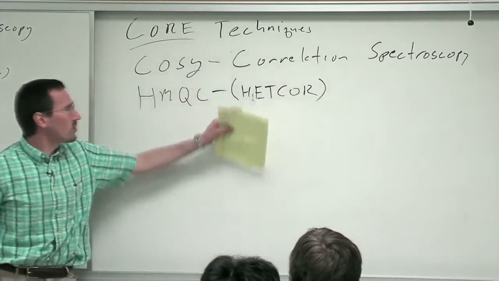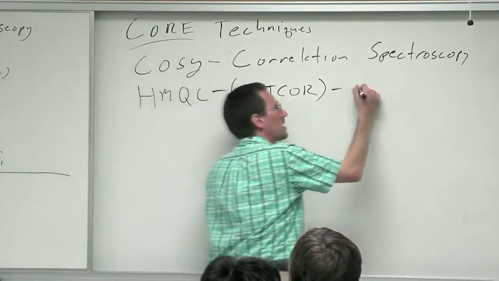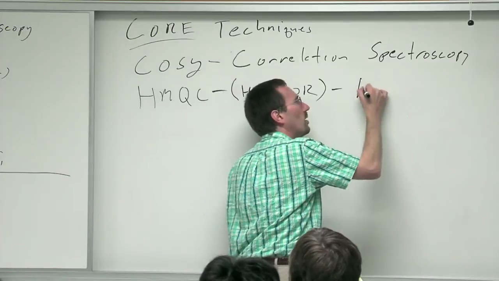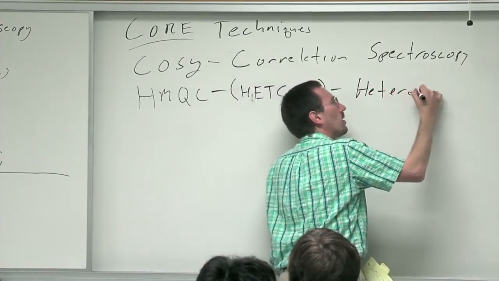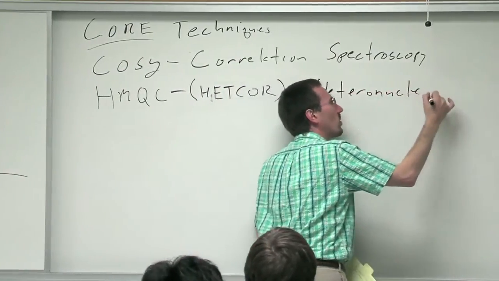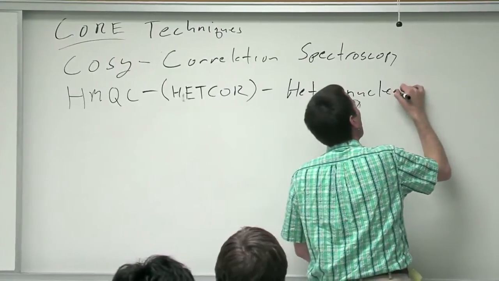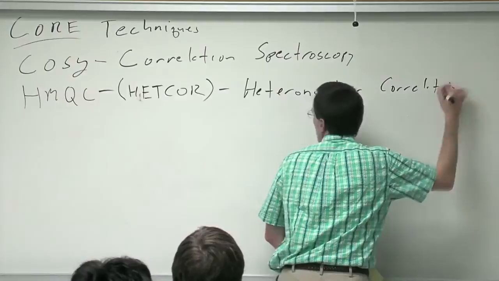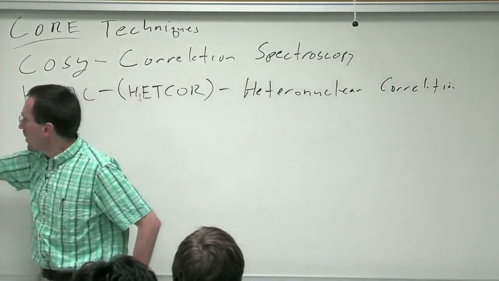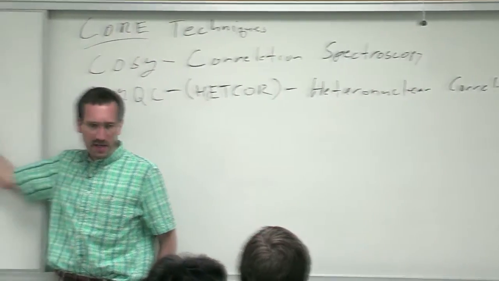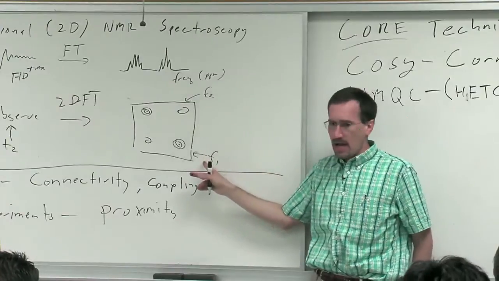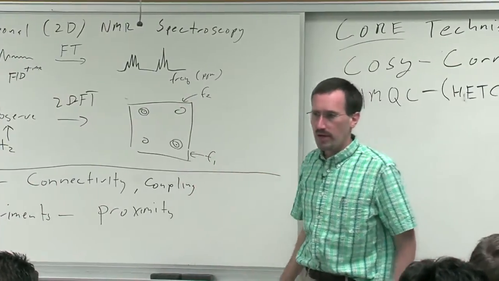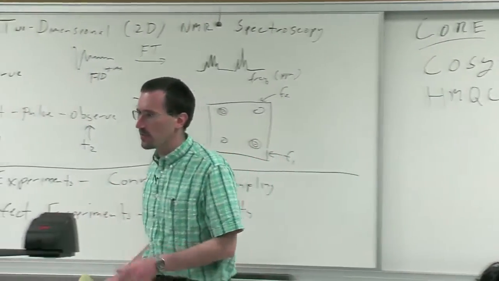HETCOR was heteronuclear correlation spectroscopy, and now that's what you would call HMQC. HETCOR was an experiment where you would collect carbon data on the F2 dimension and proton data on the F1 dimension, and it was a slower, less efficient experiment.